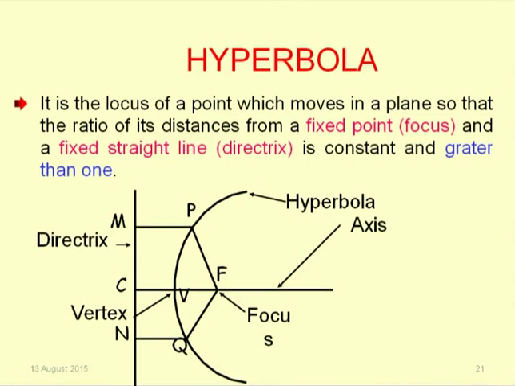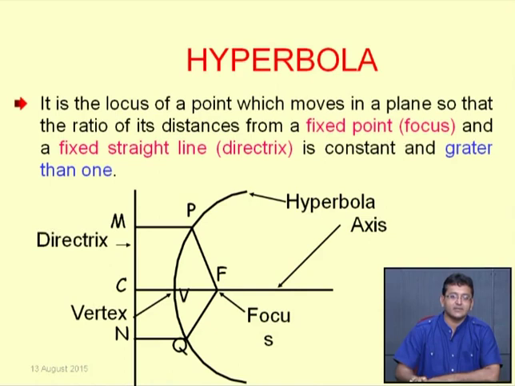As I have already explained the definition of ellipse and parabola, so in case of hyperbola, the eccentricity value is greater than 1. It means the ratio of PF and PM is greater than 1, or you can say ratio of FQ to the QN is greater than 1. Eccentricity value is greater than 1.